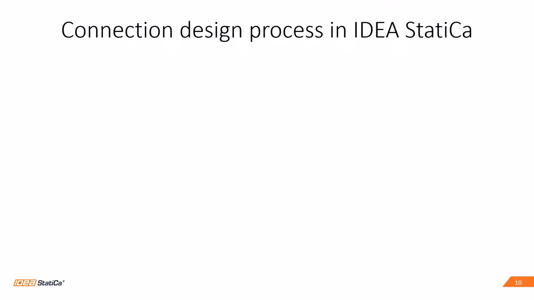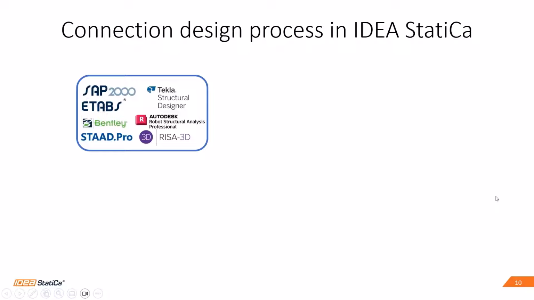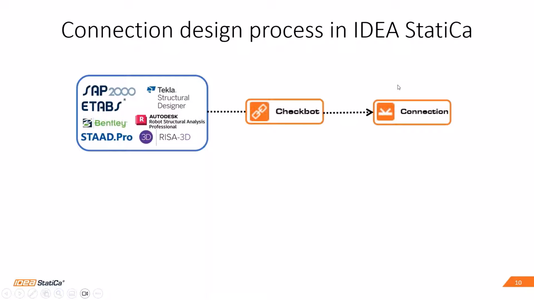But in summary, from your global analysis software, you can link the model to Checkbot and use the load combinations to design the joint in IDEA StatiCa Connection. If there is any change in the main structure, we can synchronize changes from the other software into Checkbot, and that will update the loads and profile section changes, so you can rerun an analysis in IDEA StatiCa Connection.